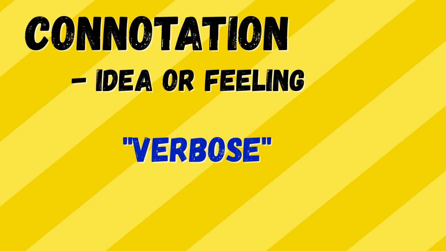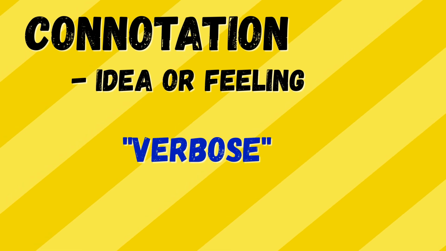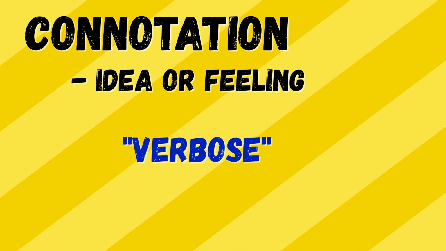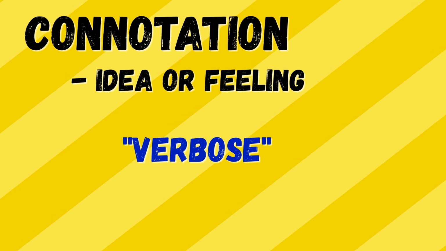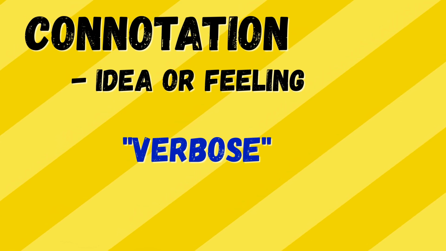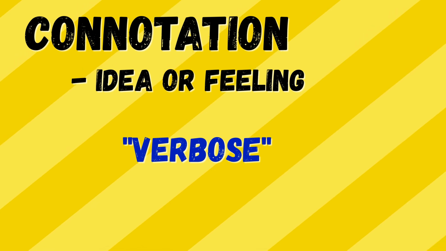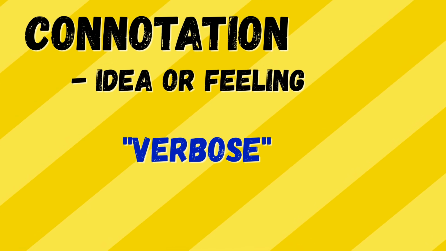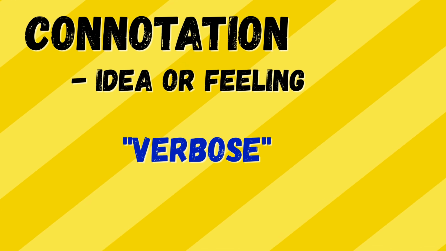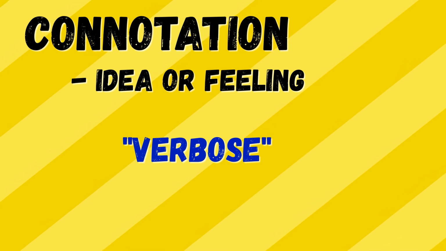To call someone verbose when you want to say they're a great conversationalist may not convey that. Your tone could imply they talk too much or that they're lovely to be around. In the positive and negative connotation example sentences below, you'll be able to take a look at both sides of the coin.